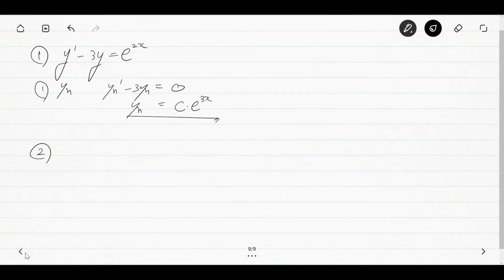Now, like I did earlier, we're going to change the constant into a function. So y particular would be r of x times this. This is called the variation of parameter. Remember that. Now, if we put this into the original equation, we would get this.